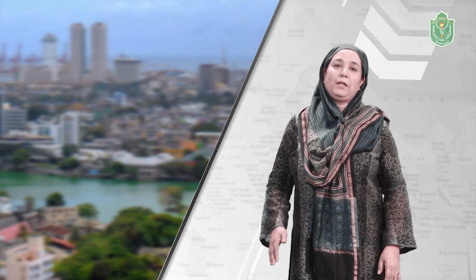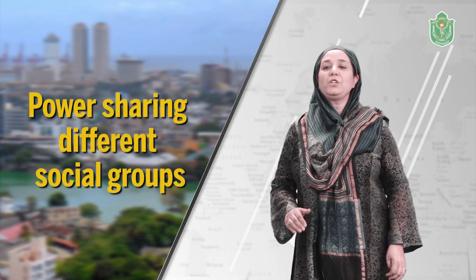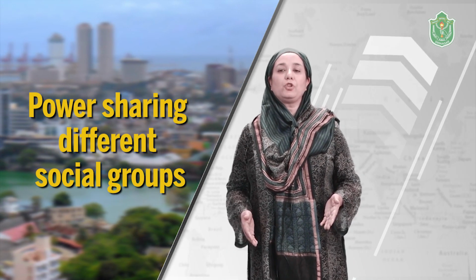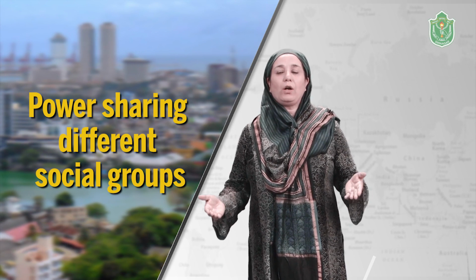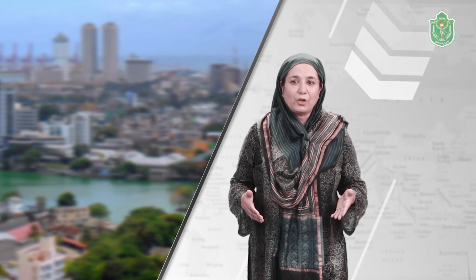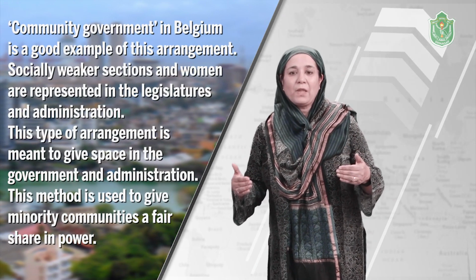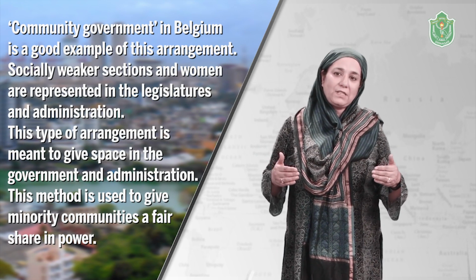Now, children, power can also be shared among different social groups, and these social groups can be religious or linguistic groups. The best example of this is the community government in Belgium. That is a good example of this arrangement.